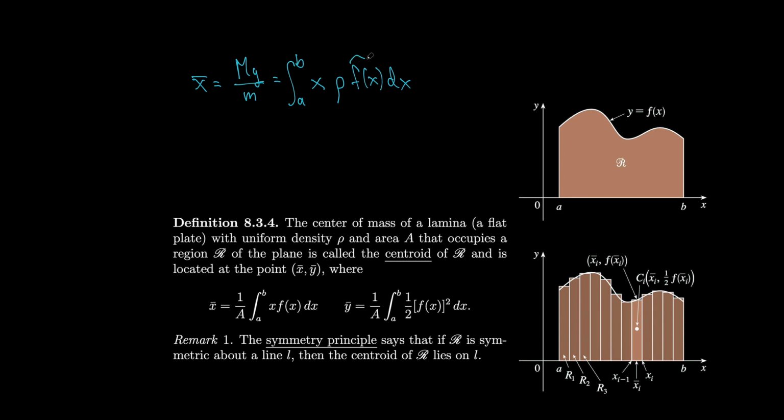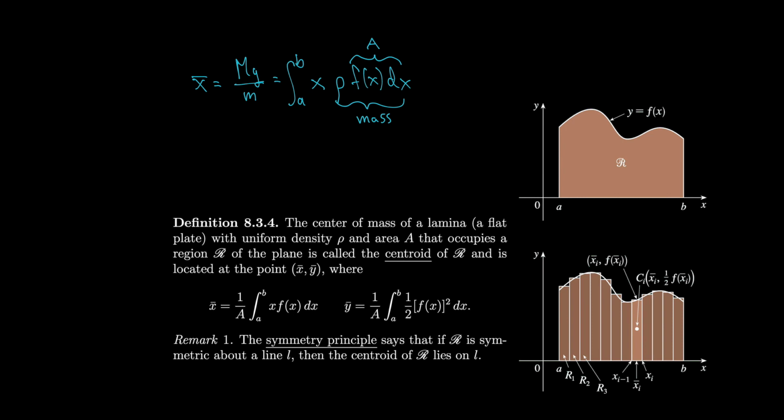F of x dx is the area of one of those little pieces. Rho times f of x dx is the mass, and then the x value is the distance away. So this is just mass times distance from the y-axis, same as it was before.